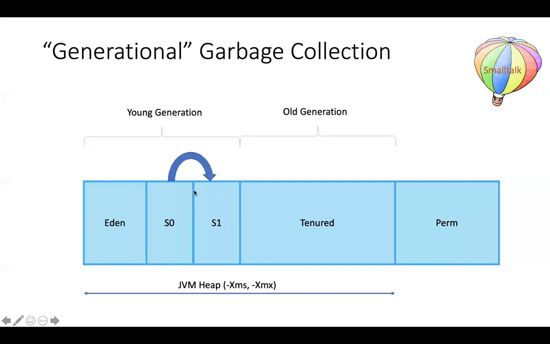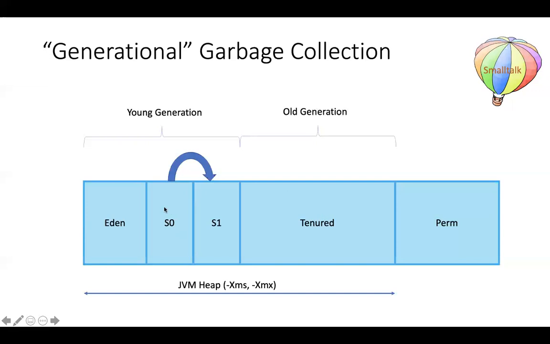I don't know how many times it goes back and forth, and maybe there are other tuning parameters for it, but you could think of it as like 3 or 4 generations. Once something survived a few minor GCs in survivor space, it then gets promoted to the tenured space, where it's much less frequently garbage collected.